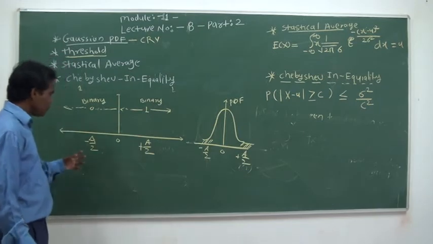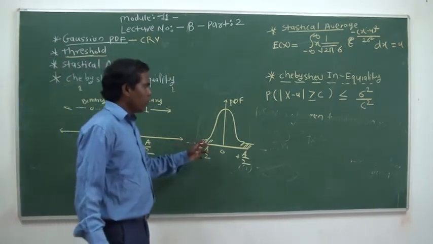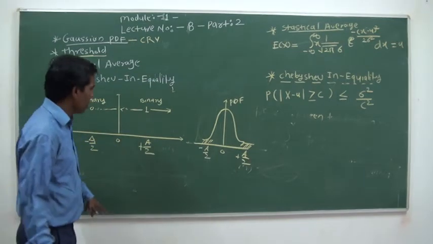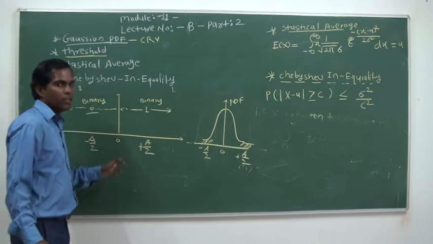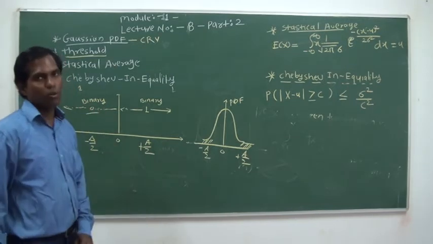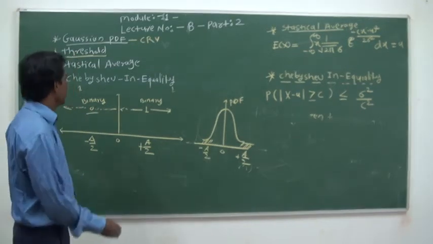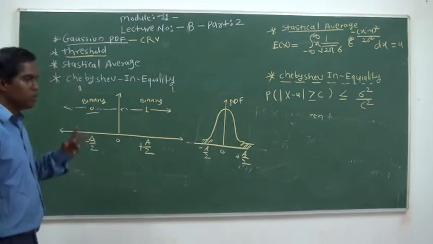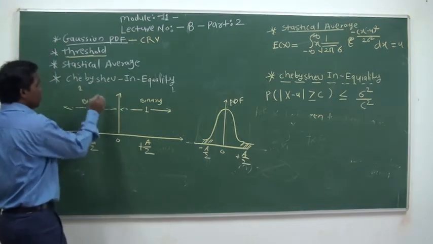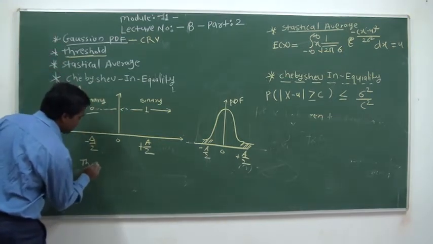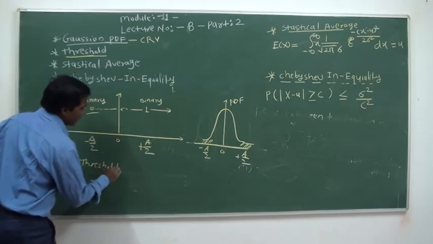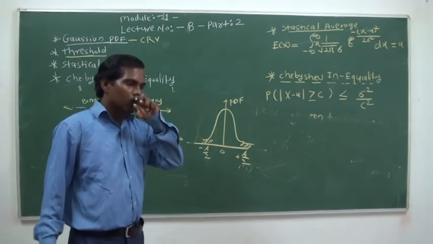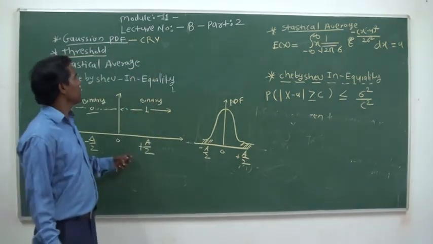If the detector output is minus A by 2 plus some noise, the detector confirms that binary 0 has been received. In this way this concept is used in bipolar signaling. So here we use the threshold concept. The threshold concept says that when noise is added in a digital transmission signal, it is difficult to tell which bit is transmitted, so we use the concept of threshold.